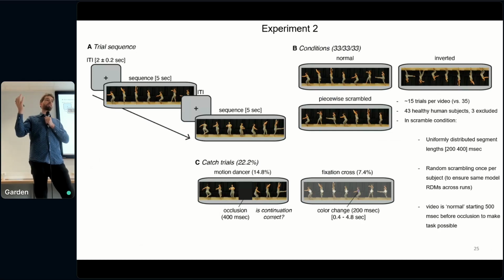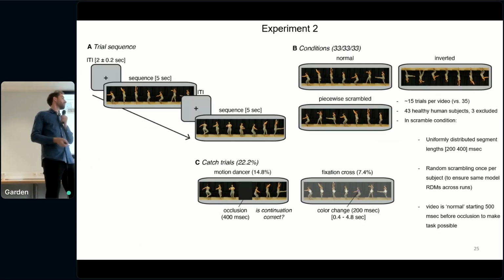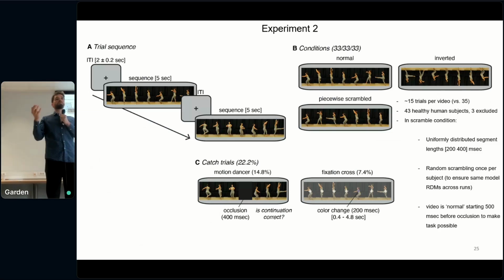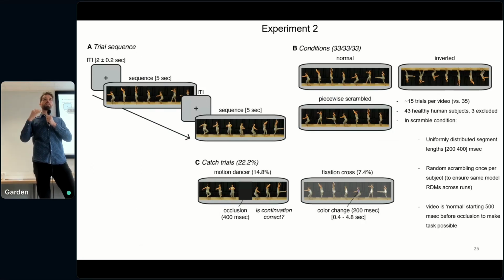We should expect a reduction in predictability specifically at that level for that feature and not for the other features. So that was a test with this inverted condition, because you're not familiar with looking at action inverted, so it looks really weird, and you can't really have this high-level view-invariant representation of body posture and motion, especially not predicted.